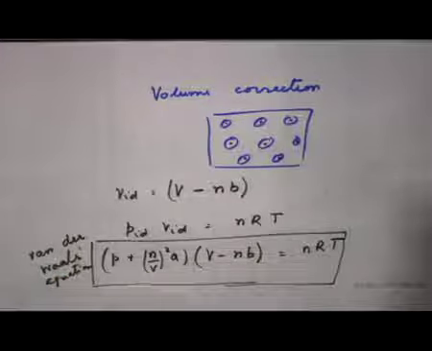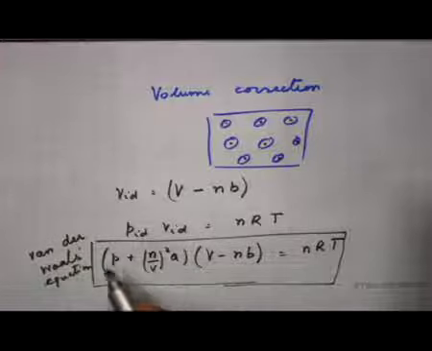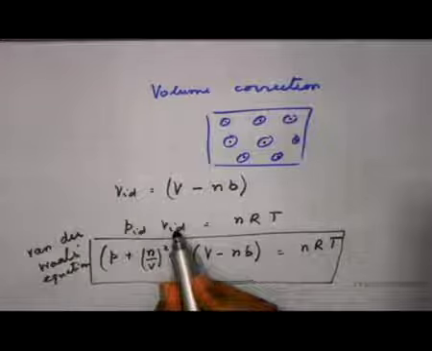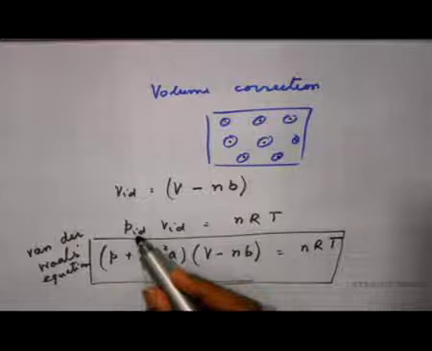It is very straightforward to remember this equation of state. What do we see? Think of it as ideal pressure times volume ideal is equal to nRT. How are we correcting the pressure?